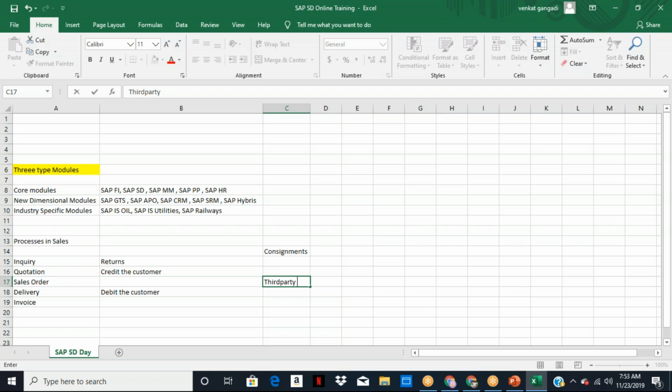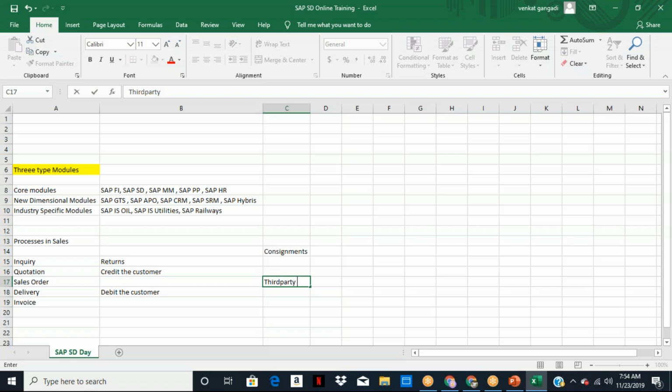So that means you are using your sales process, but you are involving a third party member to produce and deliver the goods to your customer. That is nothing but third party sales. Actually there are two parties in the sales process, you and your customer.